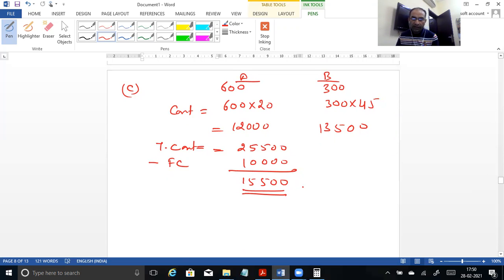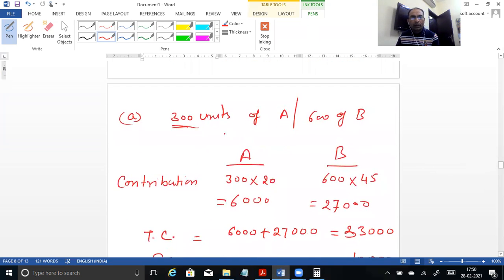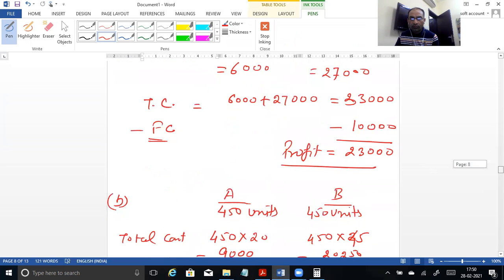So this is the least profit out of the three options given to us. So it means option A is the best one, because in option A we have a maximum profit of 23,000. Do you know why this happened?